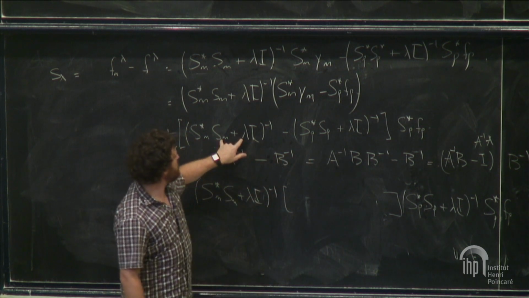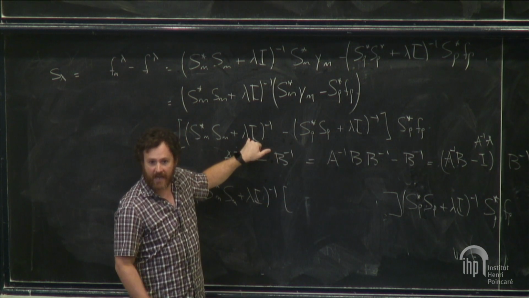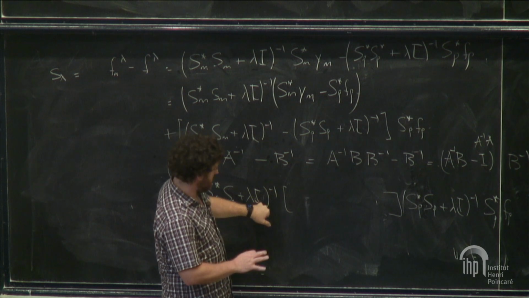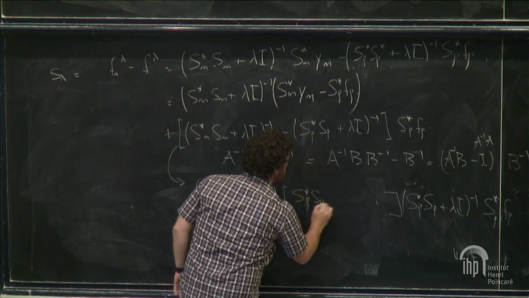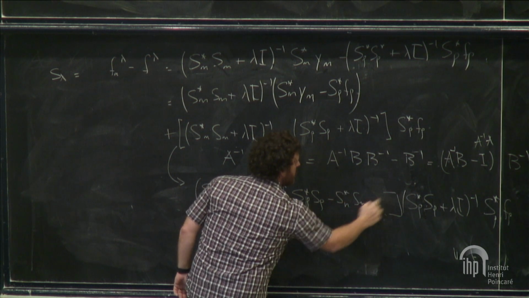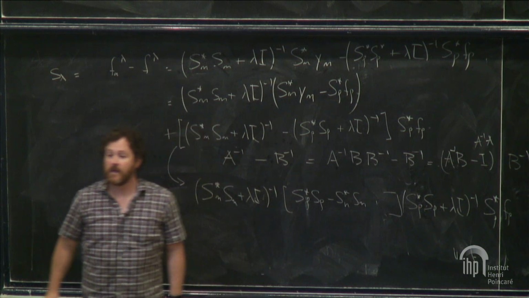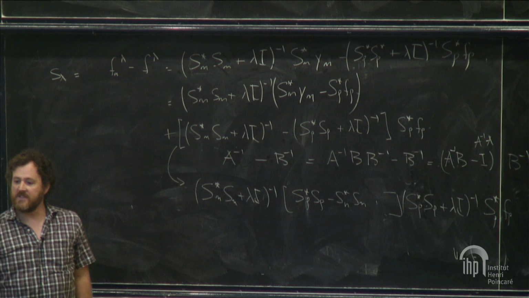So I have to take the inverse of this, and subtract. Clearly the term lambda I goes away. So let's see, that's B. So I get S star rho S rho minus, okay? Which is exactly what I wanted. I do get the two pieces I wanted.